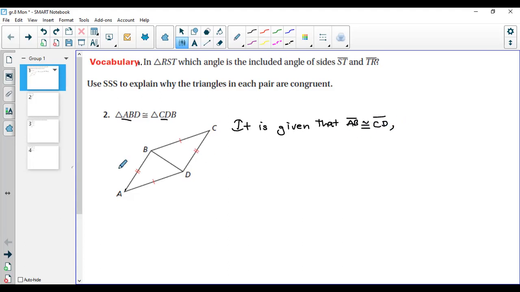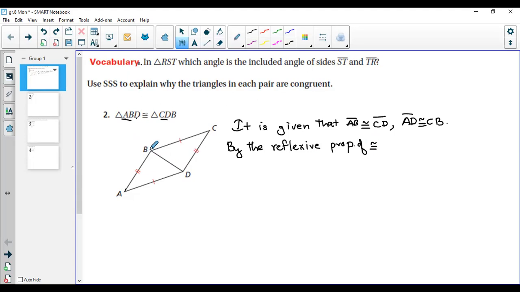And which is the other segment which is congruent? AD. So AD is congruent to, which is the congruent side of AD? It is going to be CB. Then the next sentence is going to be by the reflexive property of congruence.